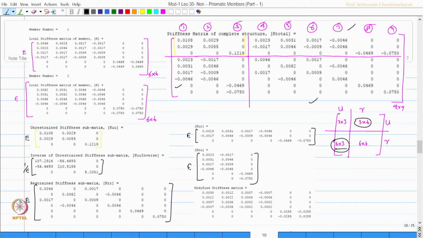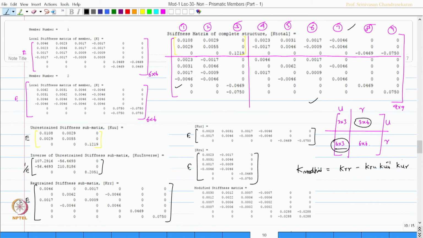Then we found out the modified stiffness matrix from a simple expression. The modified stiffness matrix is given by KRR minus KRU, KUU inverse, KUR.